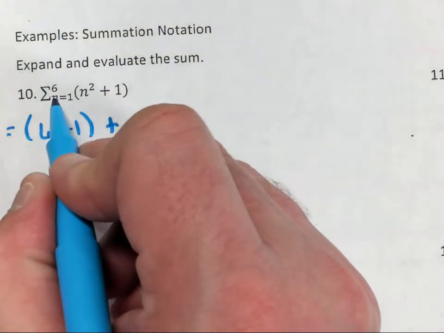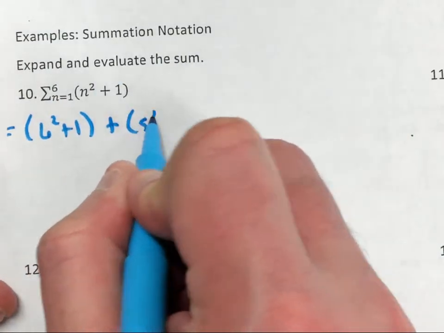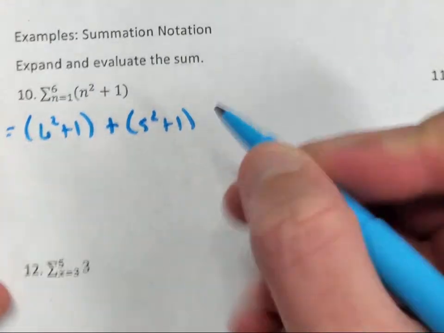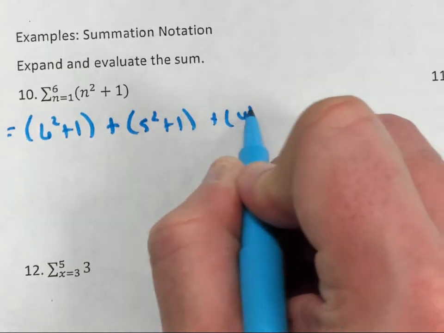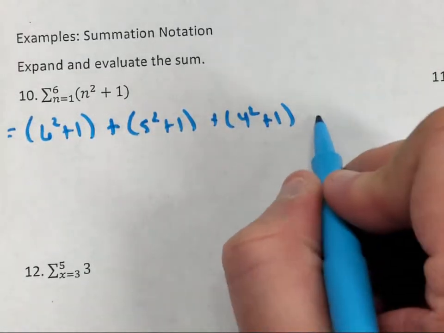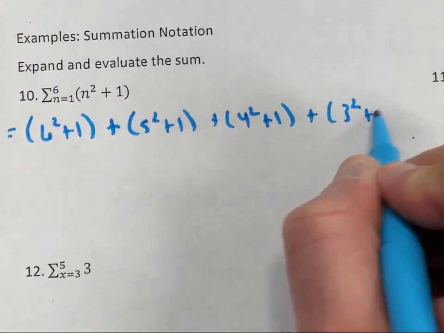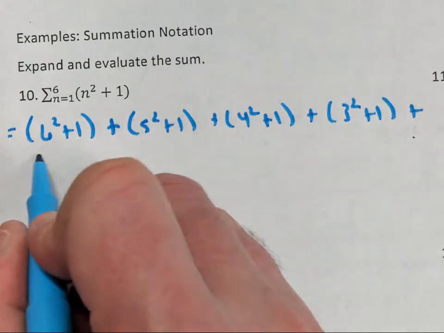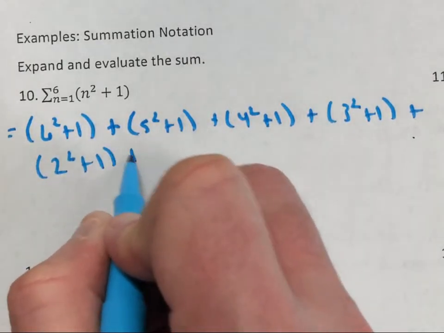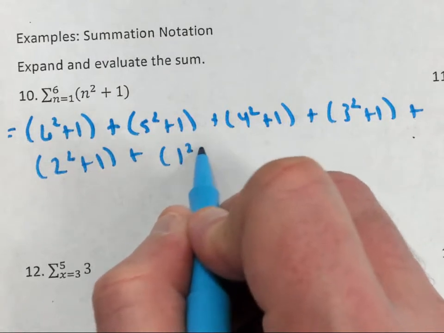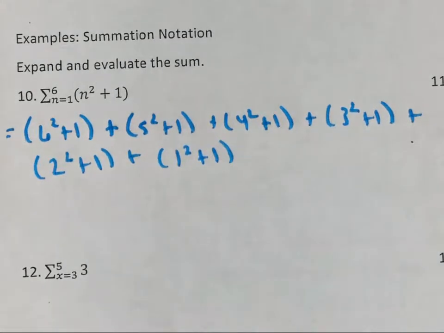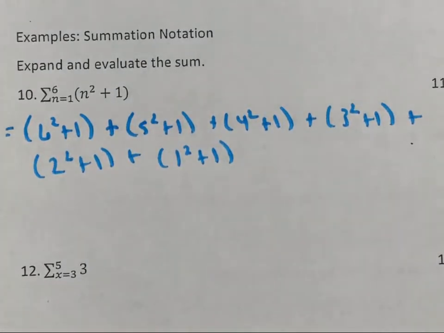What number comes before 6? 5 squared plus 1 plus 4 squared plus 1 plus 3 squared plus 1 plus 2 squared plus 1 plus 1 squared plus 1. So I plug all those numbers in, and then you're going to add all those values together.